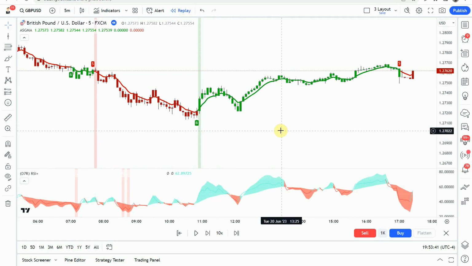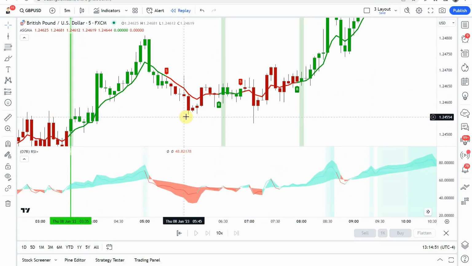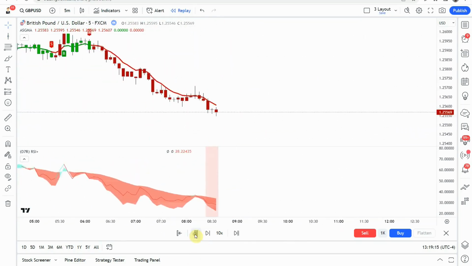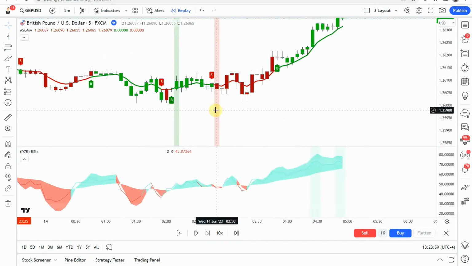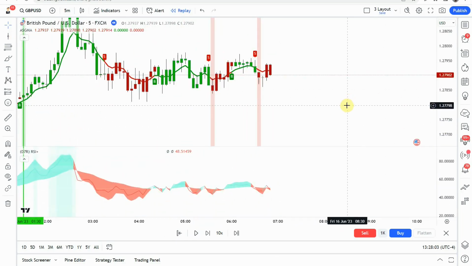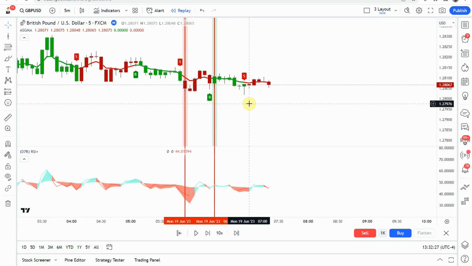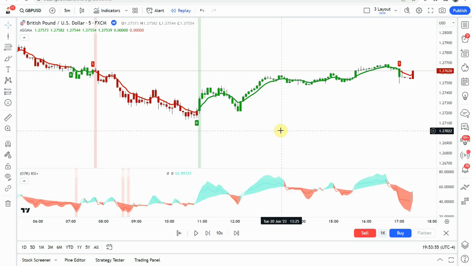What I'm going to do now is fast forward through the testing, and we'll pick it up on the other side to see what it was able to achieve. Alright, so that puts us at the end of the testing.